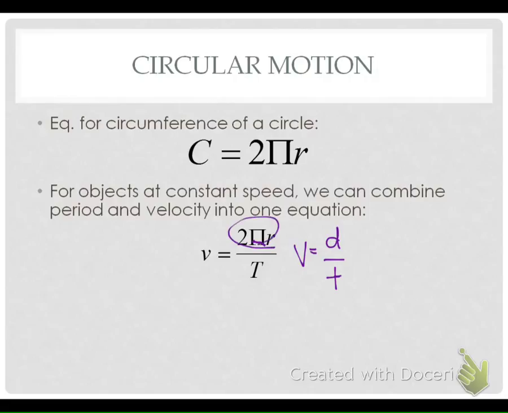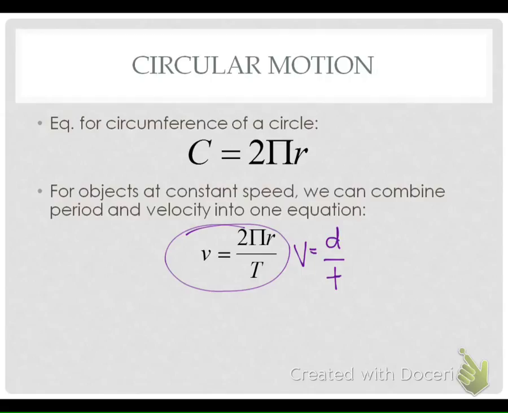Circumference right here, 2 pi r, is a distance measurement. Period is a time measurement. So if we go back to our very, very basics of velocity, the very first equation we learned about velocity is distance over time. This is true for circular motion velocity. Okay? So this is another big equation right here.